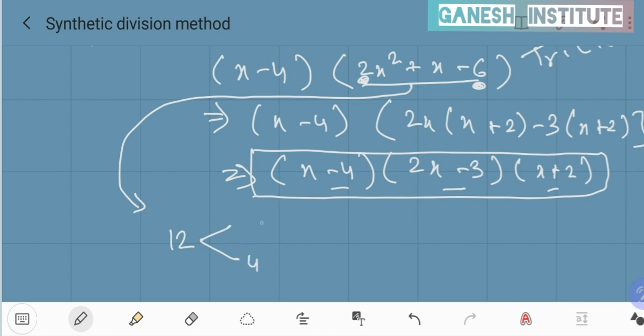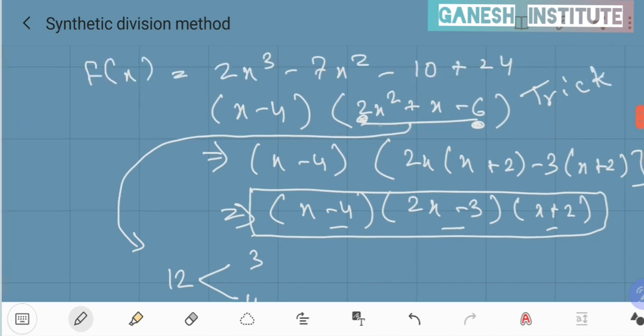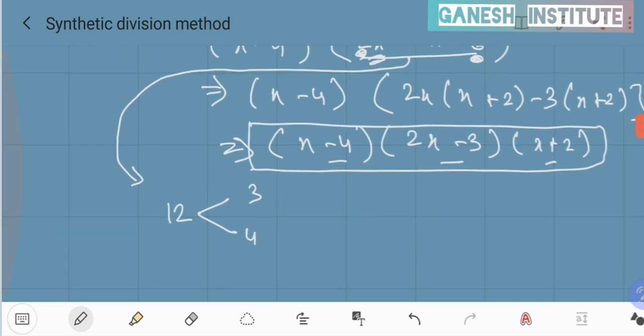So we will write here 3 and 4. Then divide it by the coefficient of the maximum power of x, that is x square's coefficient, which is 2. So we will divide it by 2.